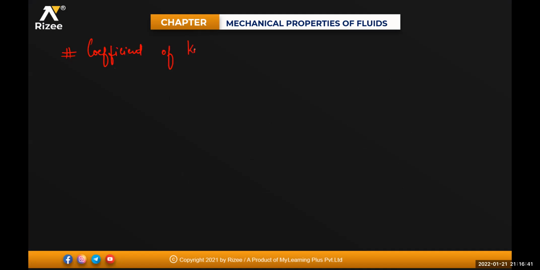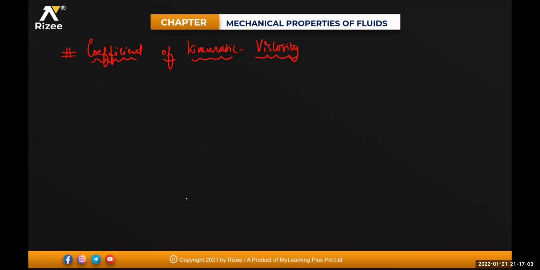Coefficient of kinematic viscosity. See here, coefficient of kinematic viscosity is represented by, let us say, for example, mu.